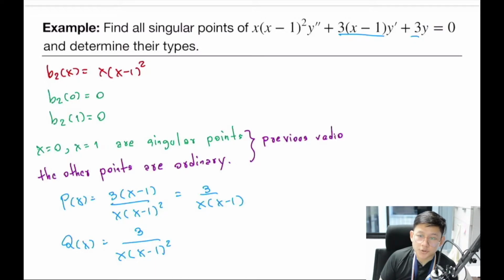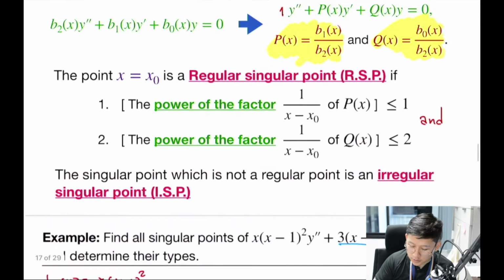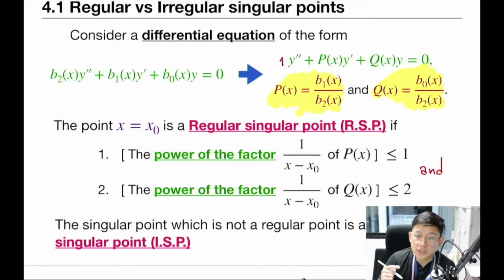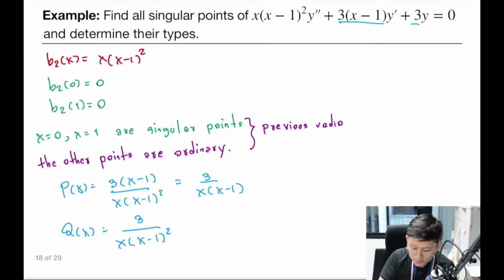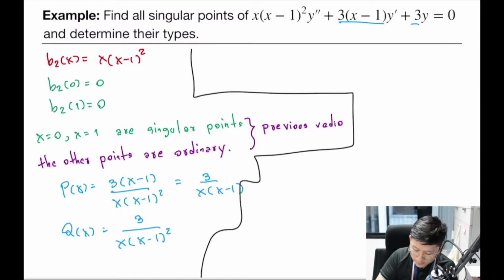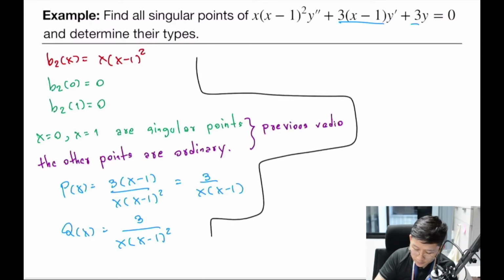Okay, so once we get p(x) and q(x), we need to go back to the definition. It is a regular singular point if 1 over (x minus x0), the power of this factor is less than or equal to 1 for p(x) and less than or equal to 2 for q(x). So first, let's look at the point x equals 0.